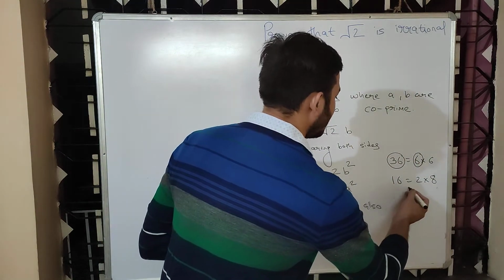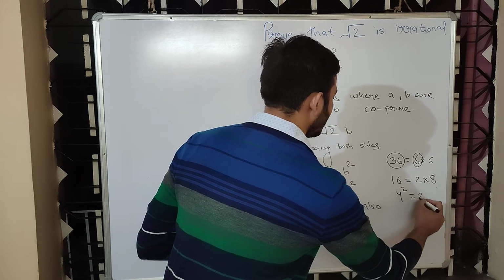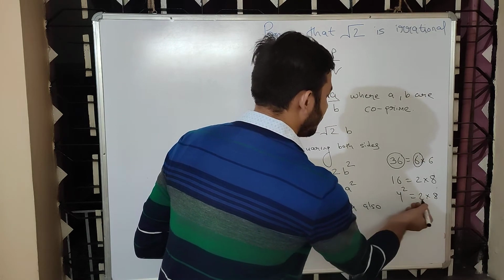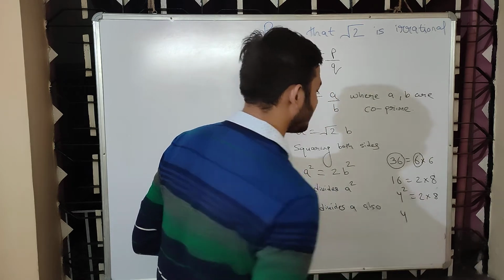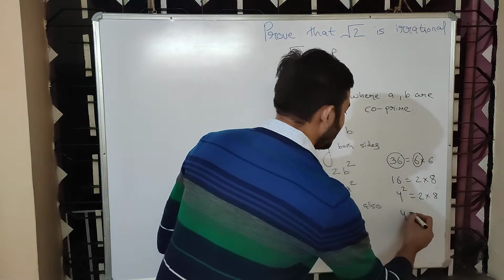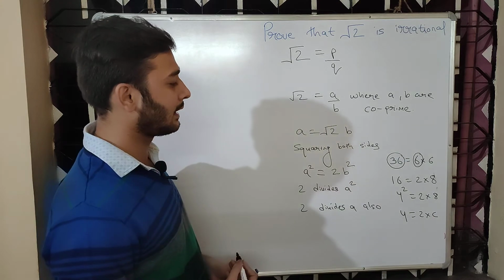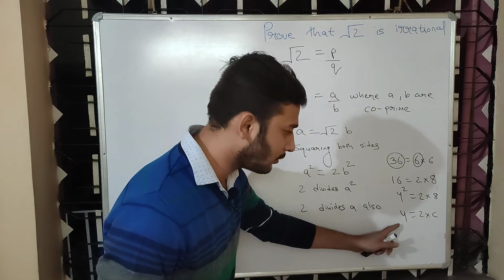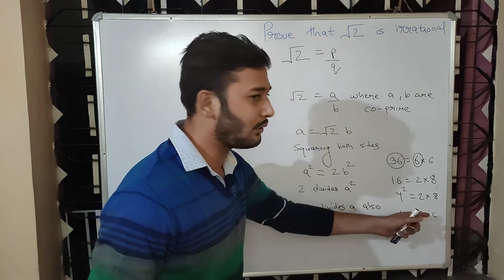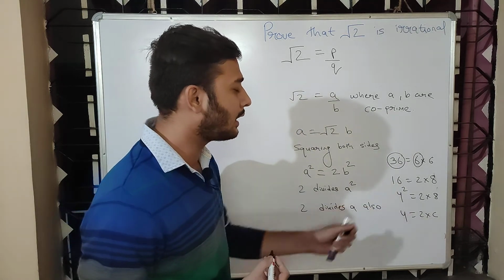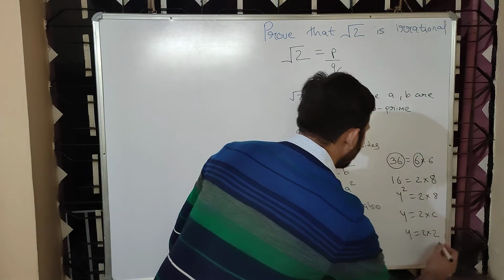Like 2 into 8 is 16. So 2 divides 16, and 16 means 4 square. So 2 divides 4 square means 2 will divide 4 also. So I can write 4 as 2 into something. Now what should this something be? If 2 divides 4, I can write 4 as 2 into something. I don't know what it is in general, but here it will be 2, 4 written as 2 into 2.